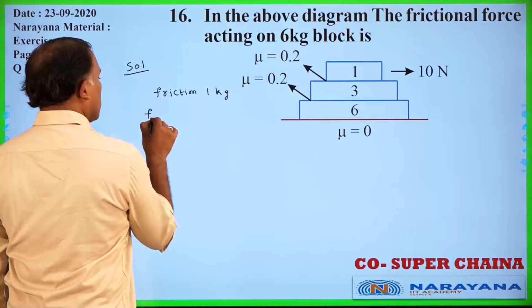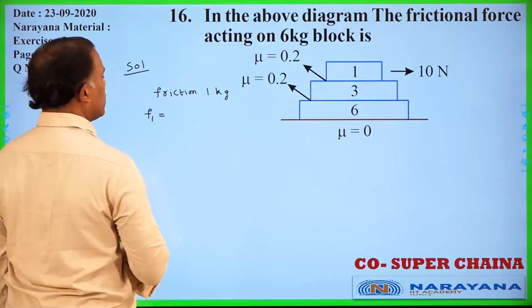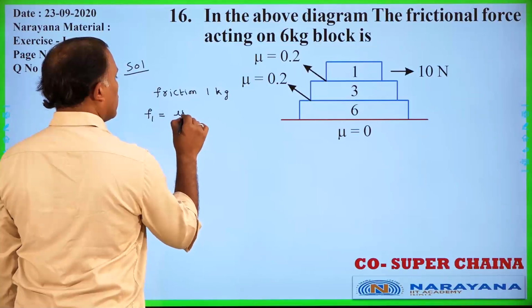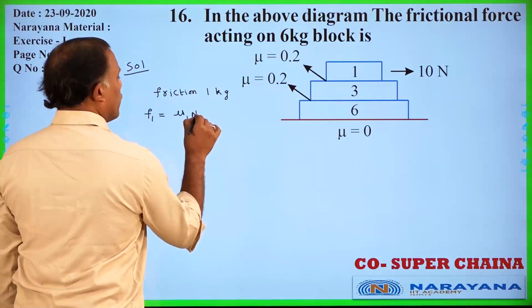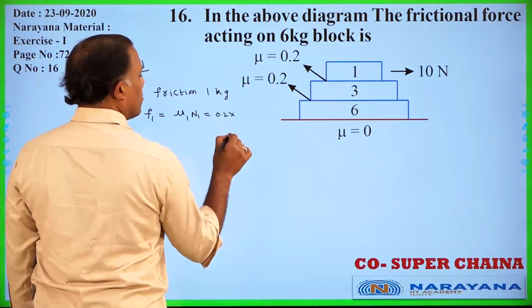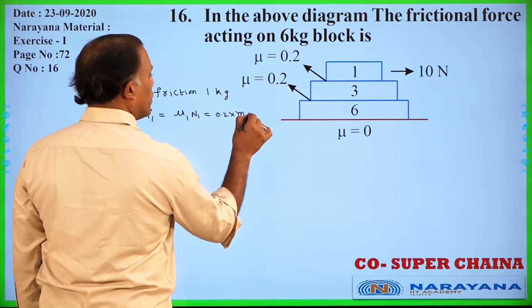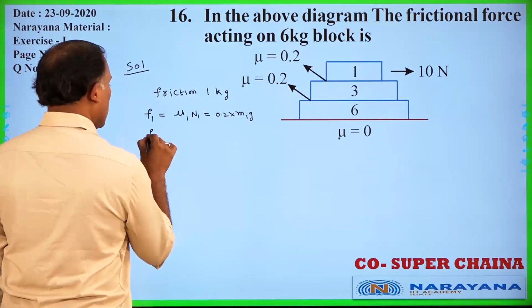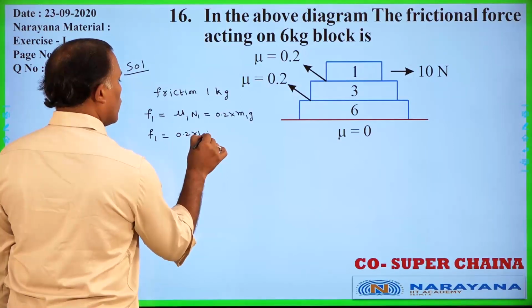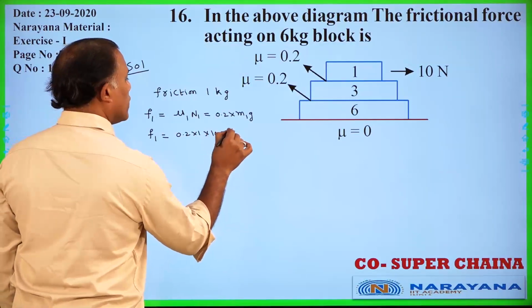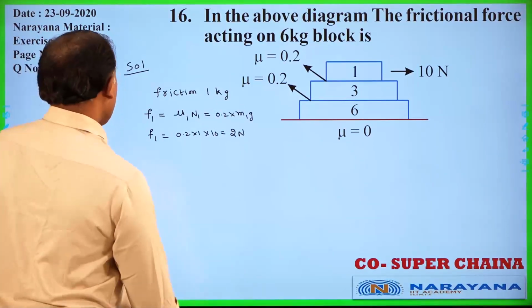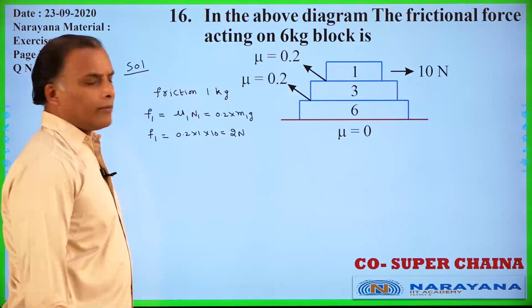So F1 is equal to mu1 into N1. That is, mu1 means 0.2, mass m1 into gravity. So F1 is equal to 0.2 into 1 into 10. So it is 2 Newton. So F1 is 2 Newton.